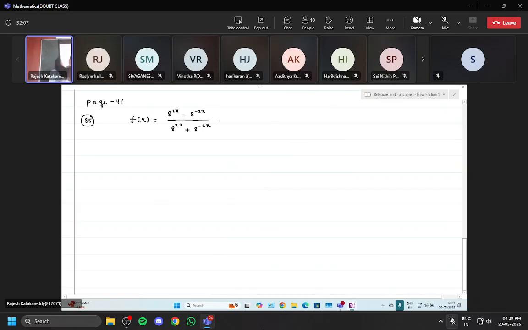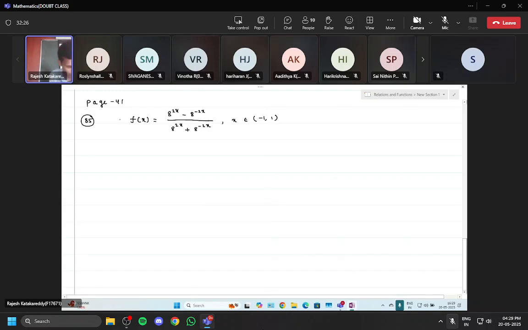Here there is no option saying that inverse does not exist. If there is no such option, no need to worry. If there is an option saying that inverse does not exist, then definitely we need to check.